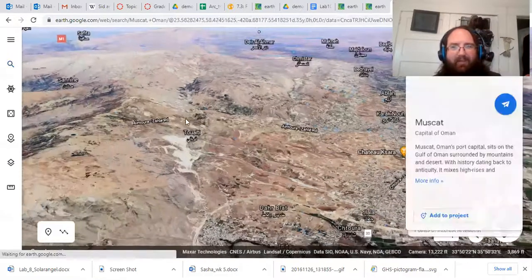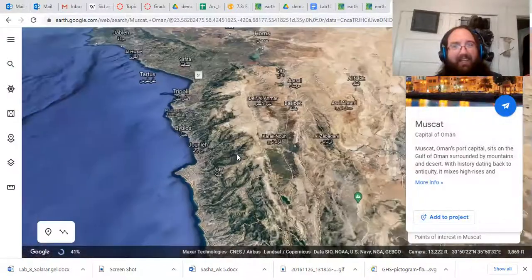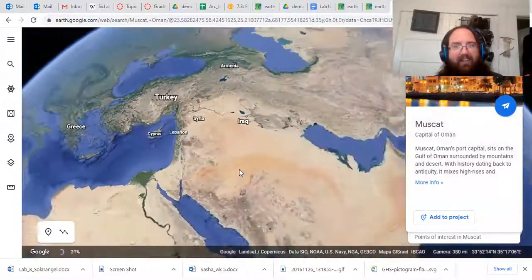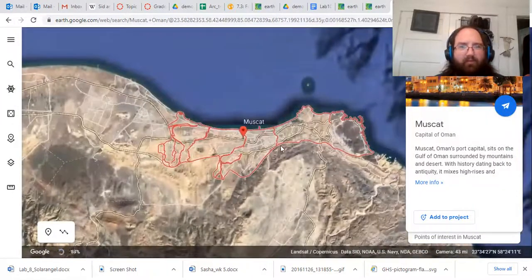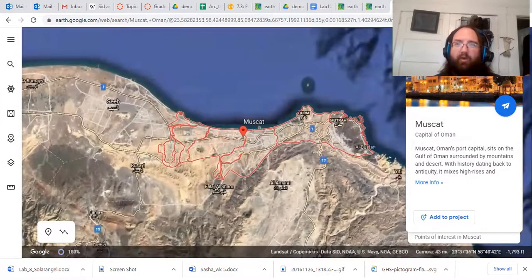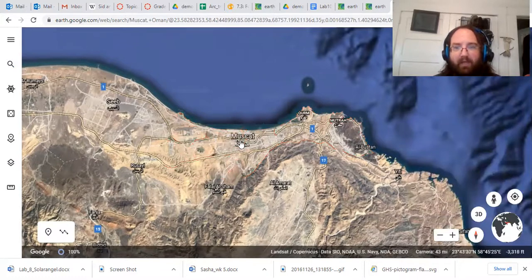And the cool thing about Muscat, Oman is that it's right on the Tropic of Cancer, the northernmost latitude to experience direct sunlight, which runs pretty much directly through here. I think it's actually about 23.5 degrees or something like that, so it's technically a touch south.